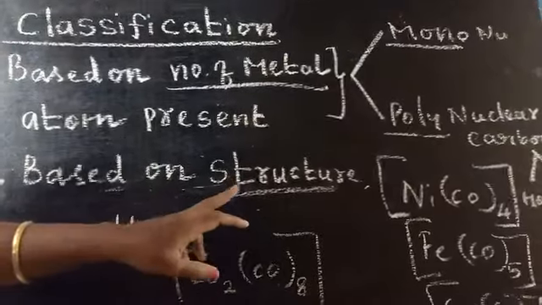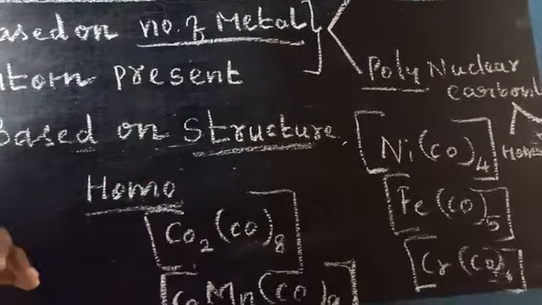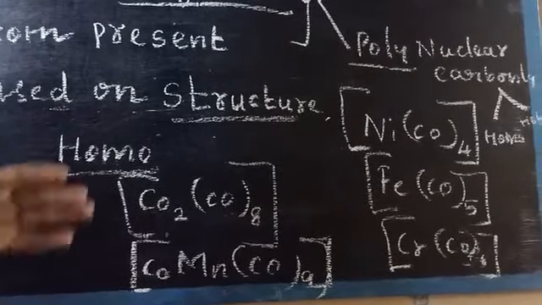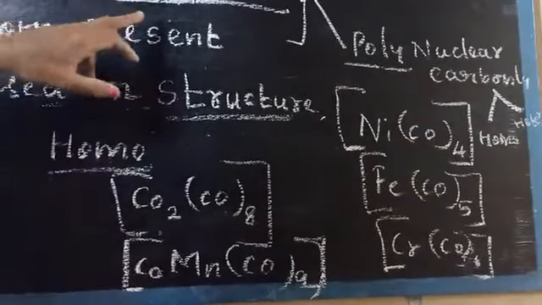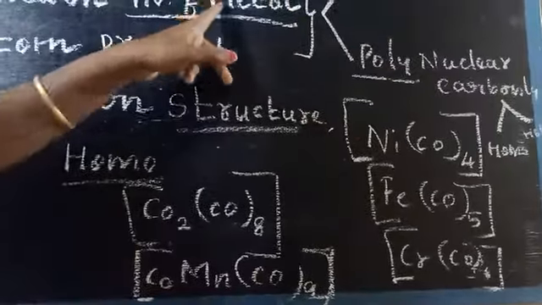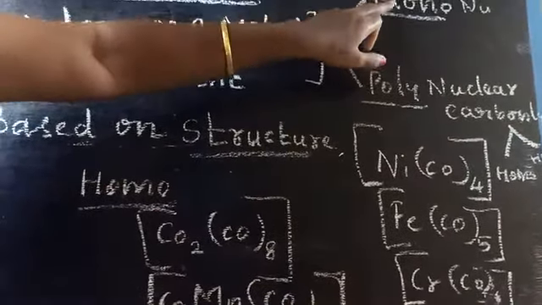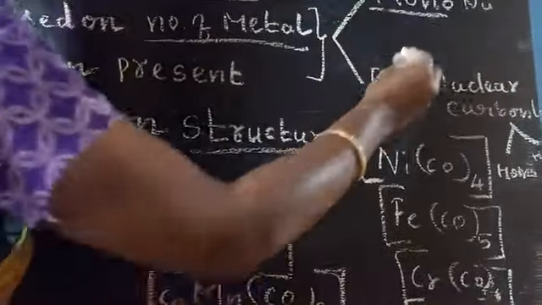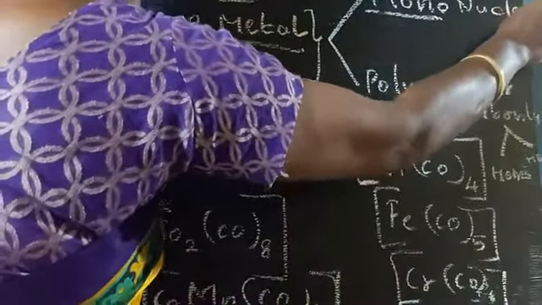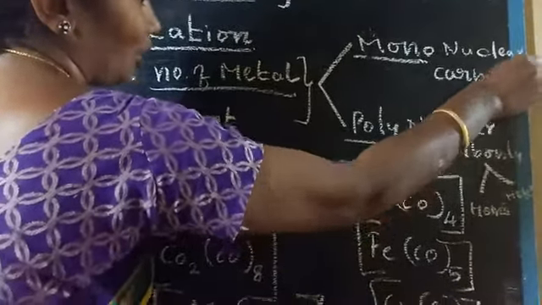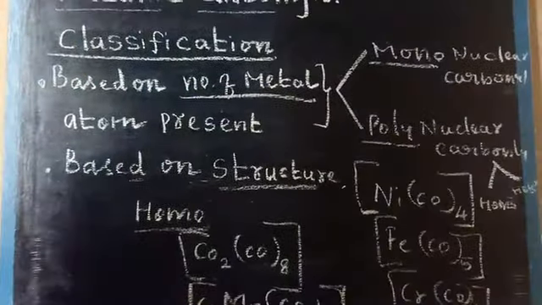Based on structure means non-bridged as well as bridged. Based on the number of metal atoms, it is classified into mononuclear carbonyl and polynuclear carbonyl.